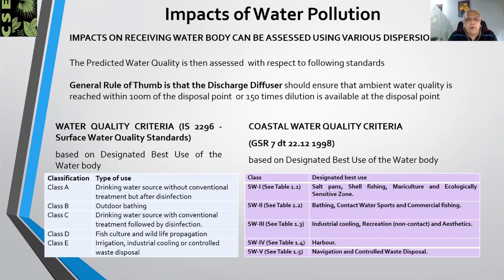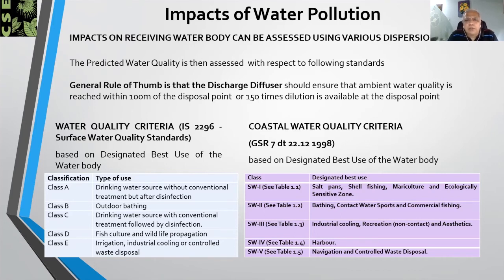Or we may look at the coastal water quality criteria for discharges into estuarine systems or into open sea, where based upon the designated best use of that marine water body, whether it is an SW1 class or an SW3 class water body, you can check whether the disposal location is appropriate as per the class of the water body where you want the discharge to happen.